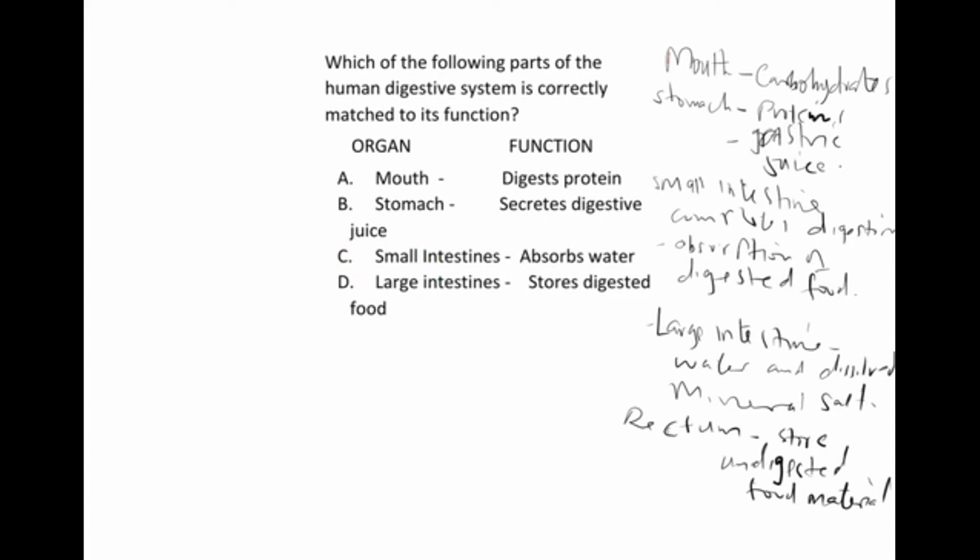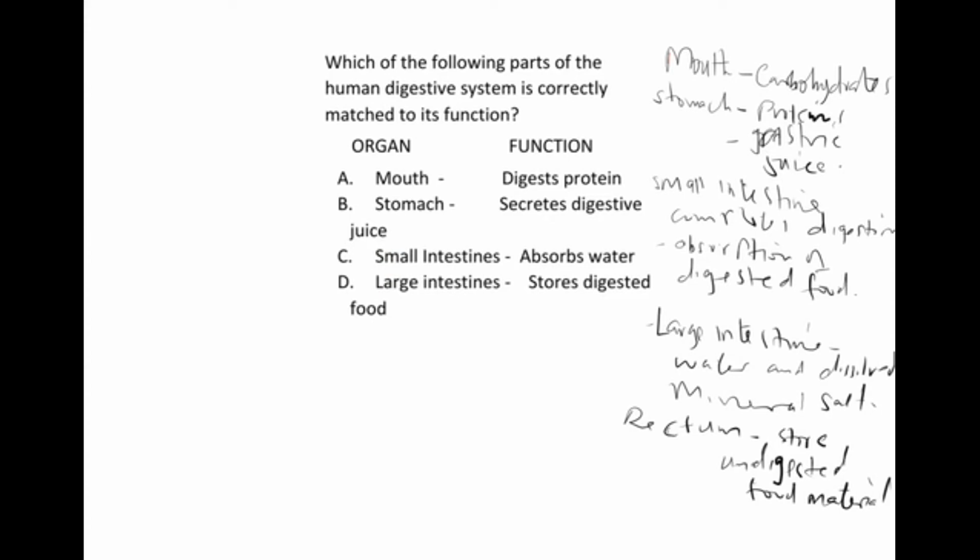From our explanation, water is absorbed in the large intestine. The large intestine absorbs water and dissolved mineral salts, while the small intestine completes the digestion of food and also absorbs the digested food. So that one is also not correctly matched.